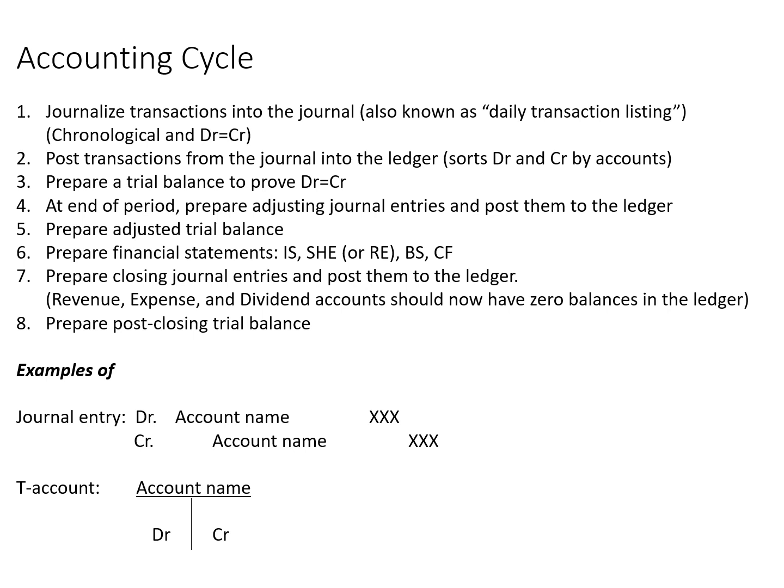So once you've recognized that transaction, you take that transaction and you post it into the ledger. Now the ledger is a bunch of T accounts where you can sort all the transactions by type. So anything that impacted cash goes in the cash account. Anything that impacts accounts payable goes in the accounts payable account.